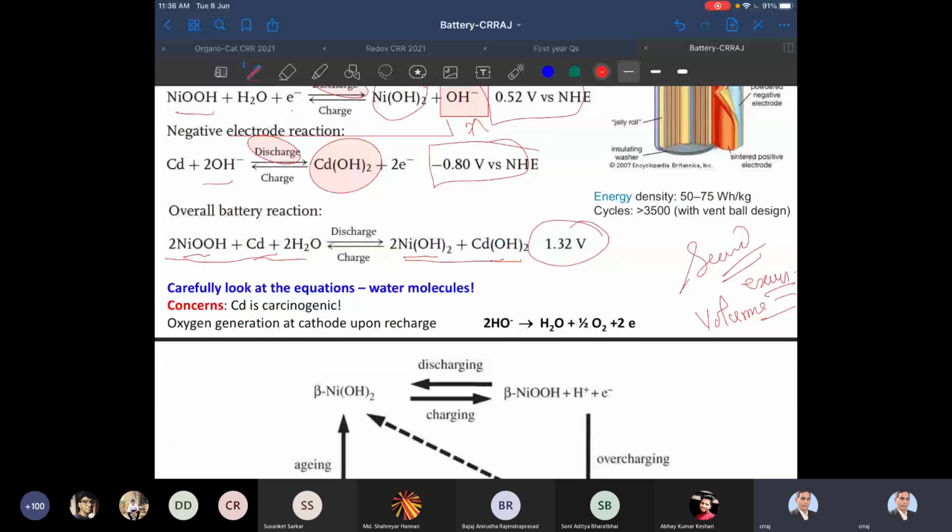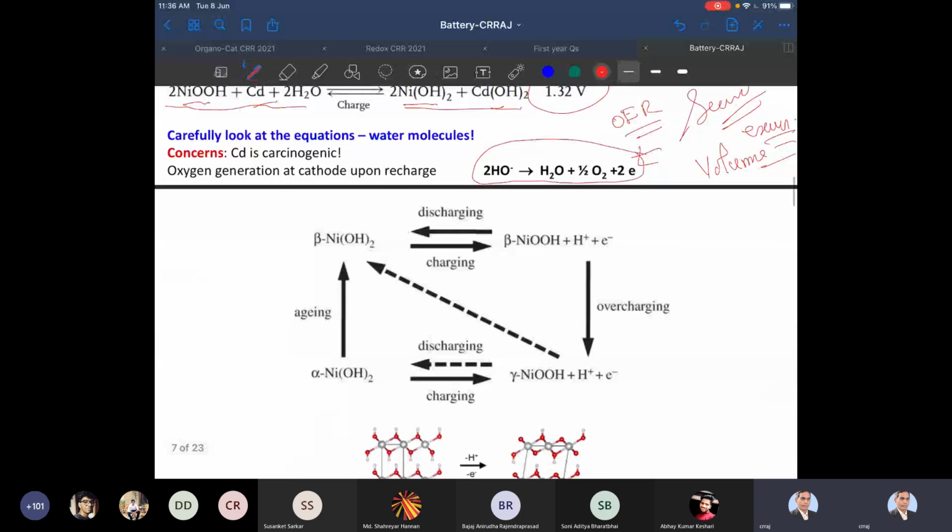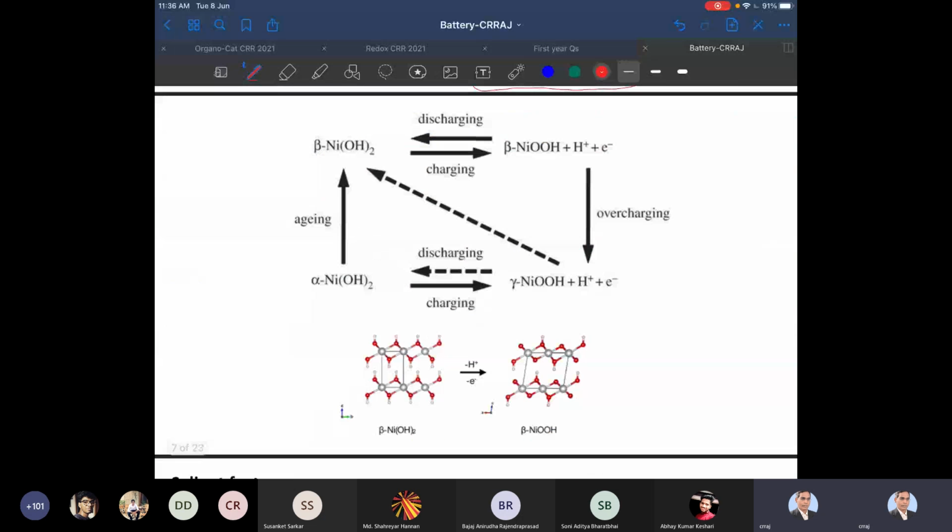The concern is that cadmium is toxic. Oxygen generation at the cathode upon charge is one of the issues, what we call the oxygen evolution reaction. When you go beyond the cell voltage, overcharge, there is one issue. Typically, ideally, it doesn't go. When you overcharge, that's the one reaction. Look at what the chemistry actually is. You have your nickel oxide hydroxide, I put it in a square scheme.